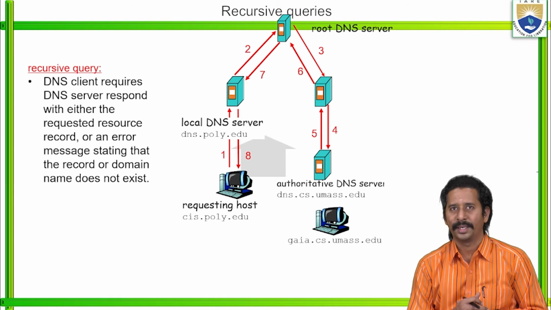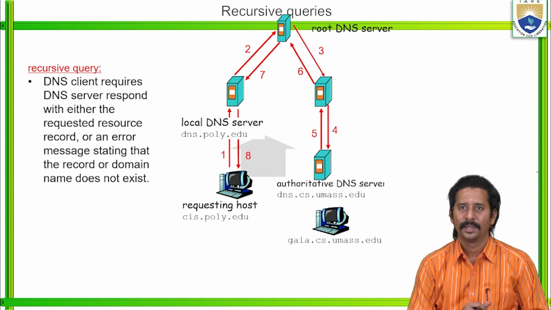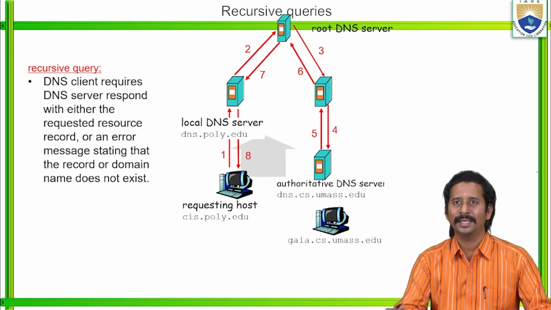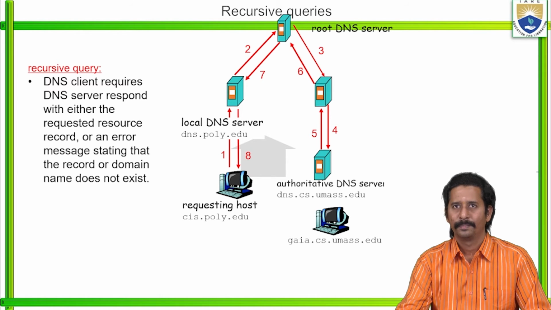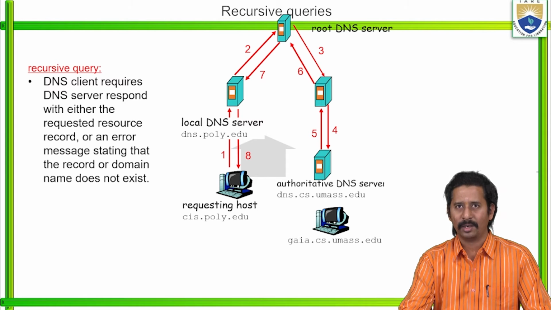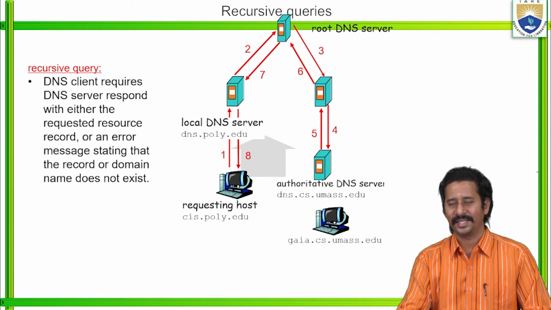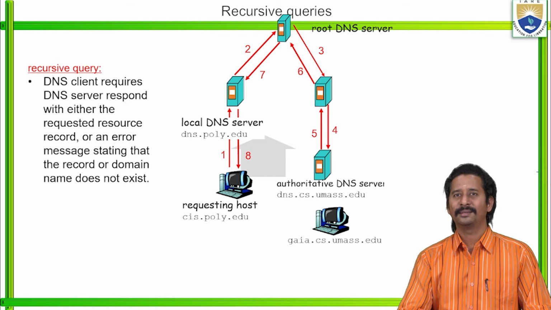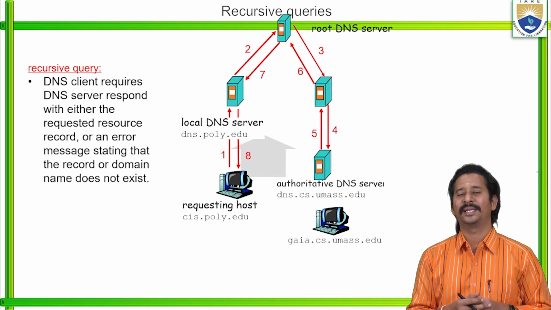Now recursive queries. Recursive query. See, the DNS client requires the DNS server, which responds with either the requested resource record or an error message. So generally an error message will come stating that the record or domain name doesn't exist.